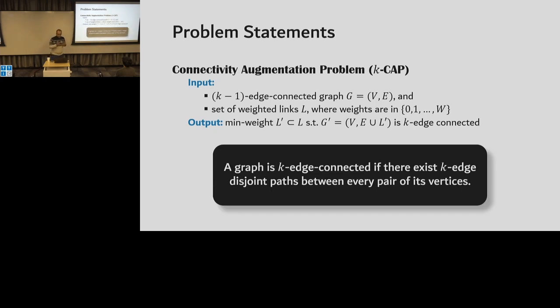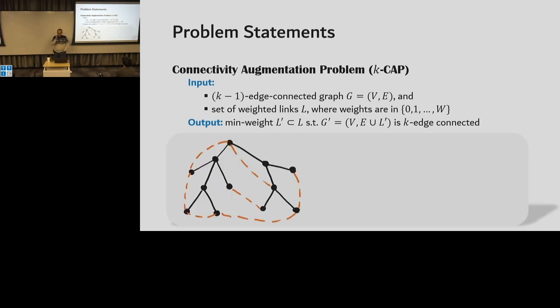Just to make sure, we say a graph is k edge connected if there exist k edge disjoint paths between every pair of vertices. So you're starting with a k-1 edge connected graph, we're receiving a set of links, and we want to add a minimum number of them so that the resulting graph becomes k edge connected. Just to see an example, the black solid edges are a tree.